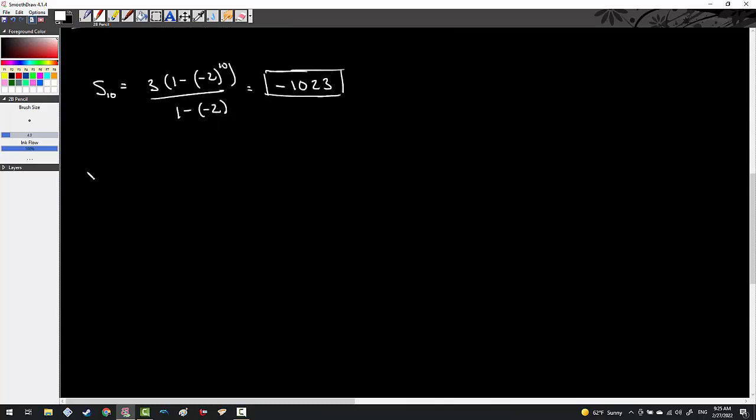And so if we look back at this formula here, S sub n equals A sub 1 times 1 minus r to the n over 1 minus r, there is actually a possibility that the r could go away. If the absolute value of r was less than 1, let's say, for example, I said let r equal 1/2.